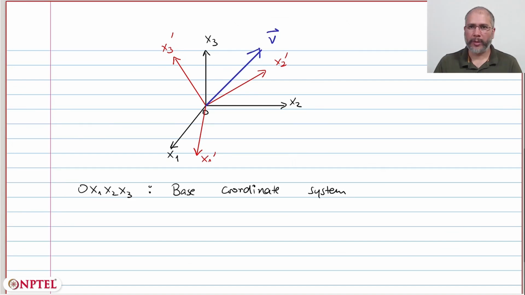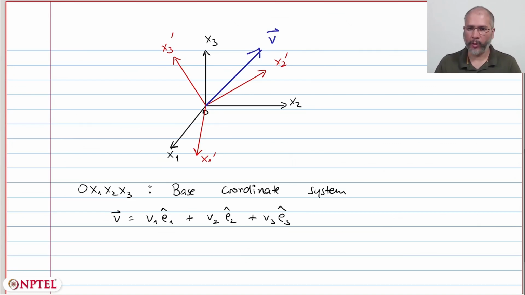And if I was to represent the vector v in the base coordinate system, it will be written as v1 e1 plus v2 e2 plus v3 e3.